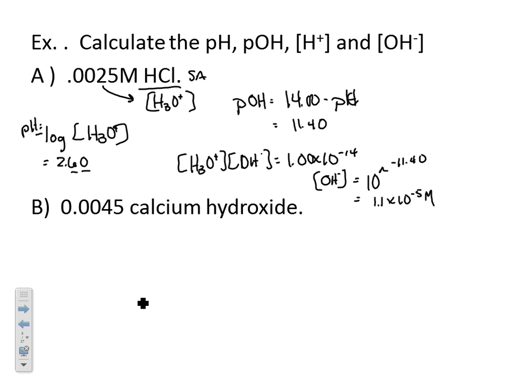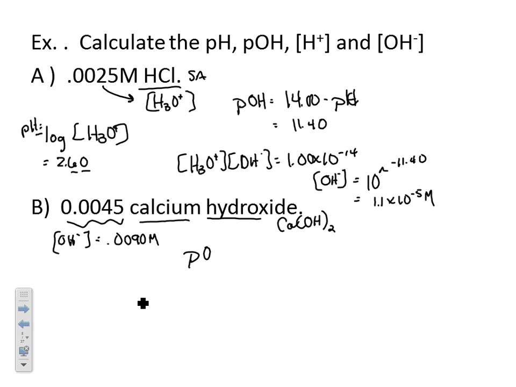So, a reminder about bases. Here's the thing about calcium hydroxide. That's a family 2A base. So the concentration of hydroxide, based on the formula, is double the concentration of calcium hydroxide. So here the hydroxide concentration is 0.0090. And then, of course, because this is a base, we are not going to calculate pH.